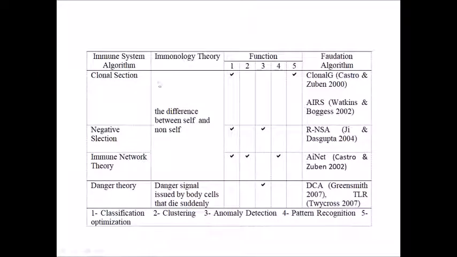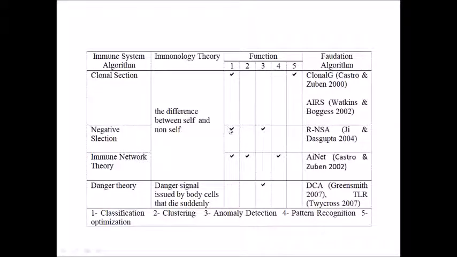Okay, this is when we compare with other algorithms, between the conventional algorithm and also the contemporary immune paradigm, immune theory. The clonal selection algorithm is mostly used for optimization, and some are used for classification.